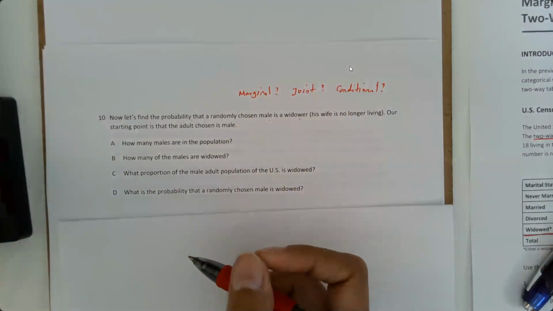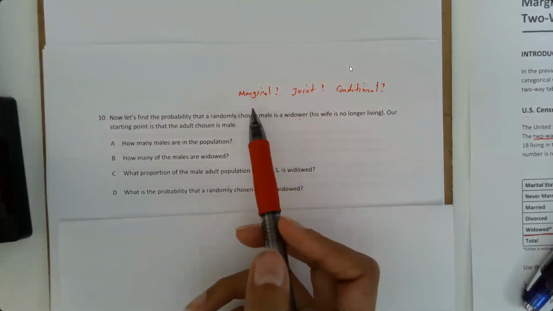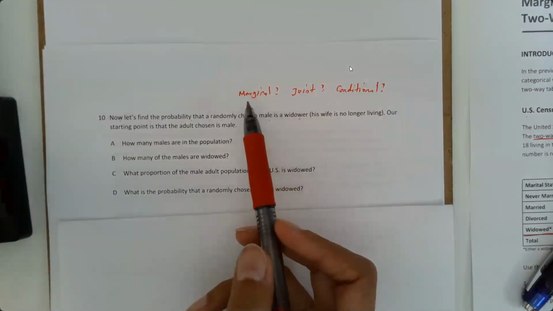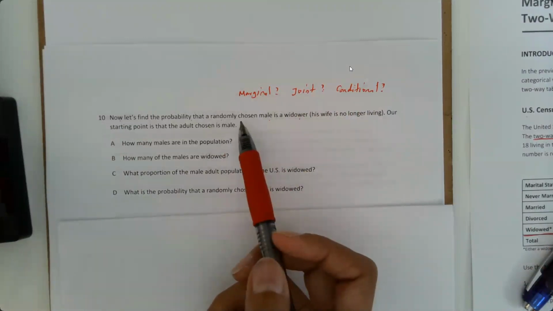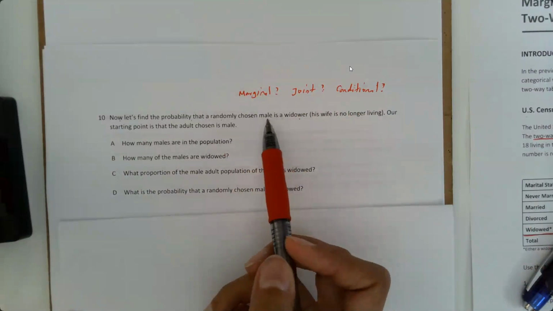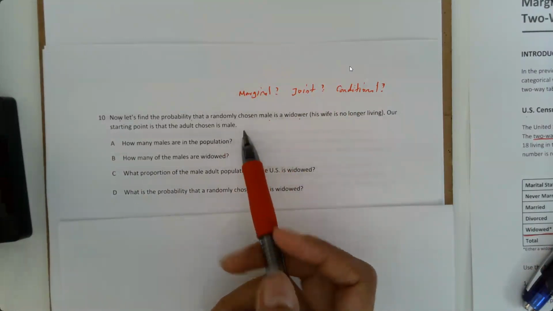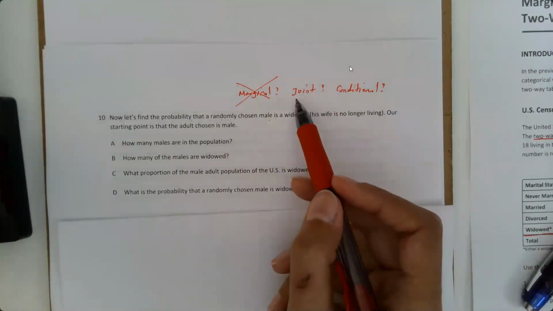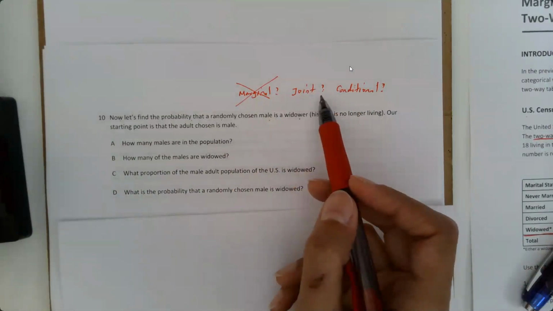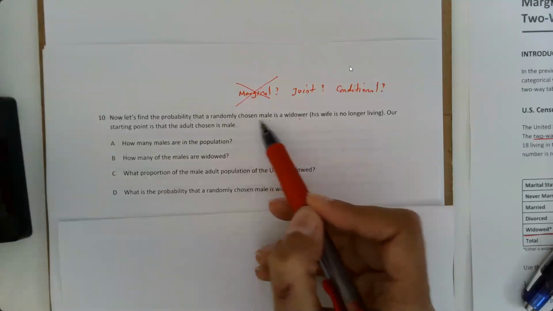Marginal, well, it's not actually marginal because it's not dealing with the whole population. It's just dealing with one category. So it cannot be marginal. Do we have the keyword and? We don't see the keyword and here.